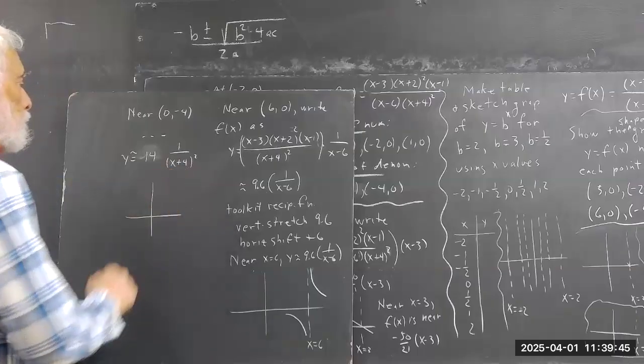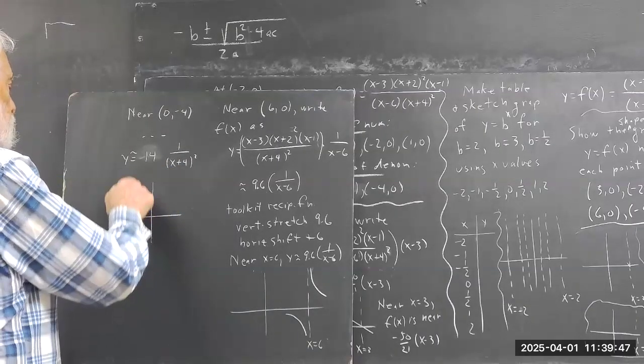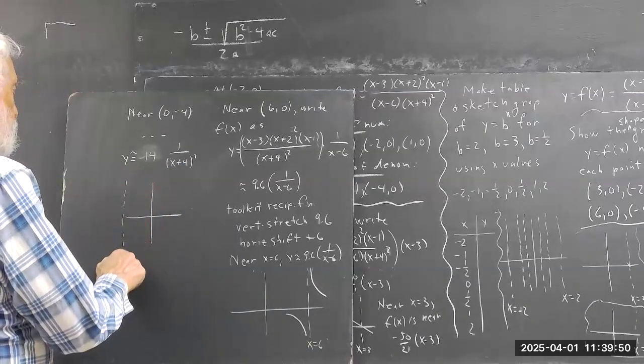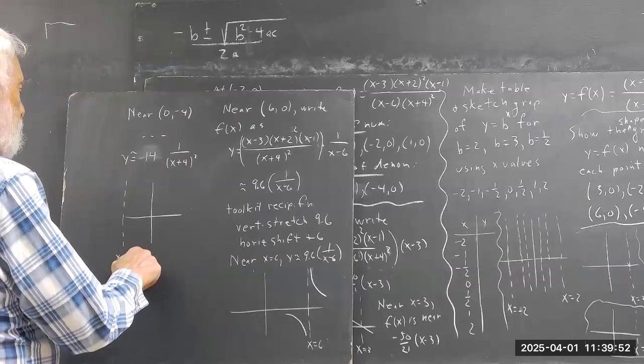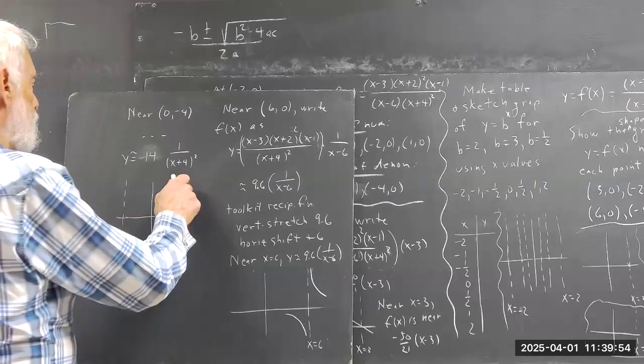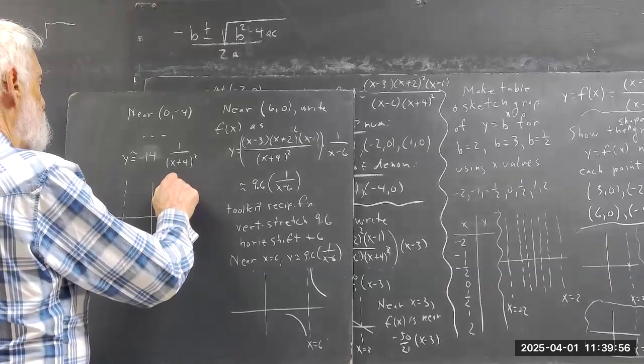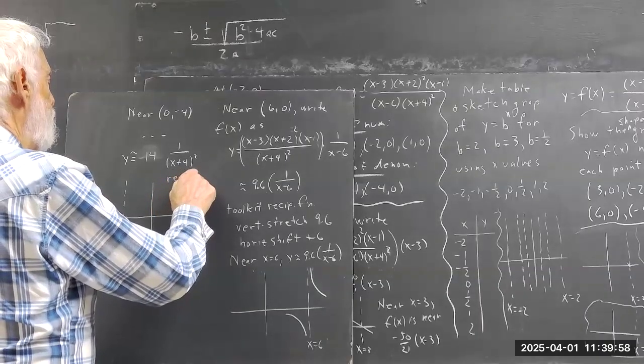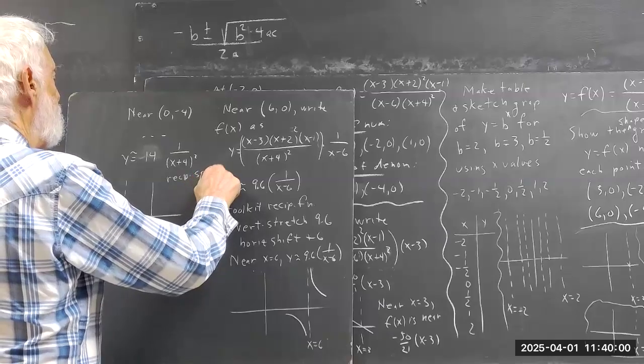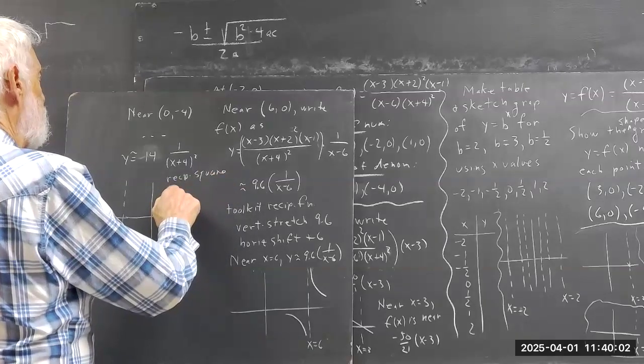What's the graph of 1 over X plus 4 quantity squared look like? Well, here's X equals -4. This is the reciprocal square function.